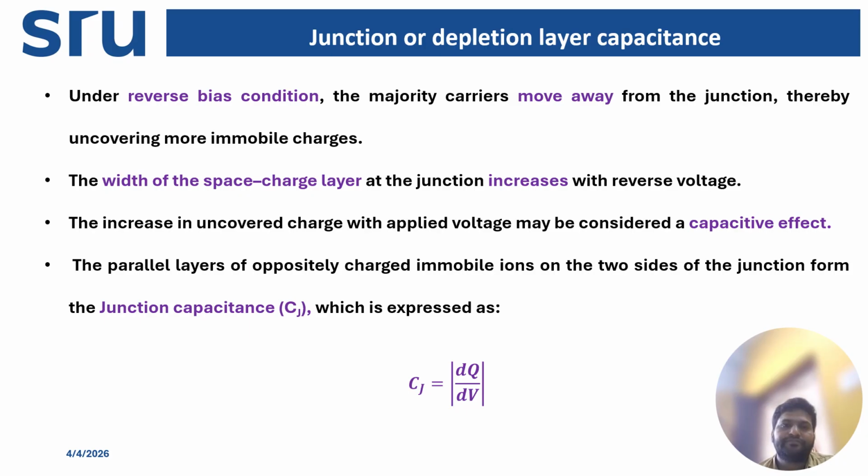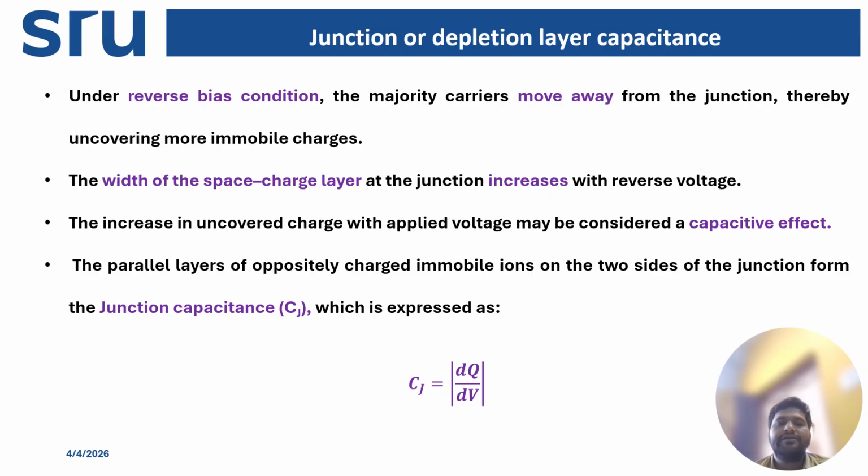What happens in junction capacitance? When reverse voltage is applied, the depletion region widens and charge accumulates on both sides of the junction. The stored charge creates an electric field. Since capacitance is the ability to store charge, the junction shows capacitance. This is denoted by Cj.